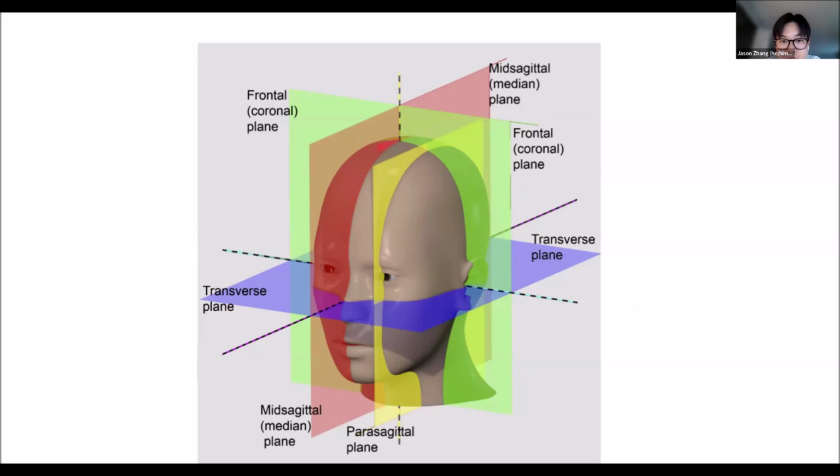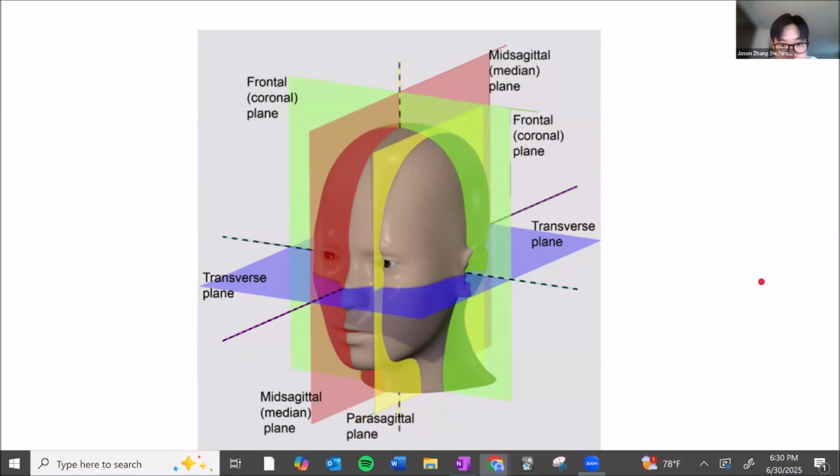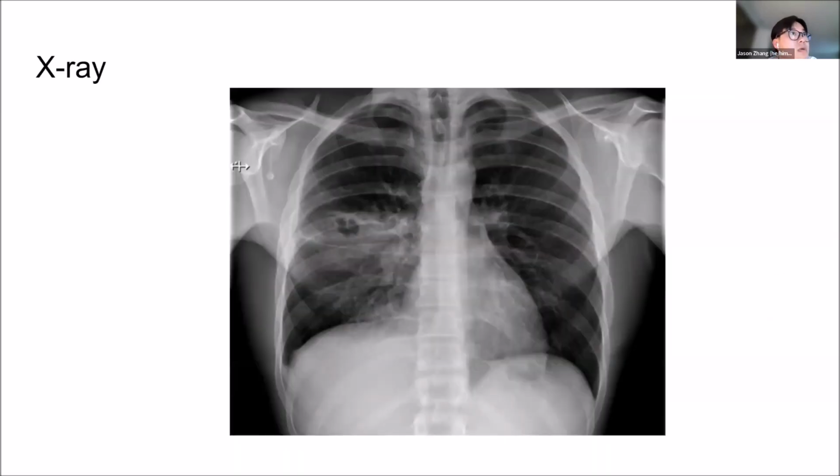And then you have a sagittal plane where you're going 90 degrees and slicing it this way. And then you have a transverse plane or an axial plane where you're making a horizontal slice. So also be aware of these 3 different planes. Okay, so let's move on to some different ways of imaging.